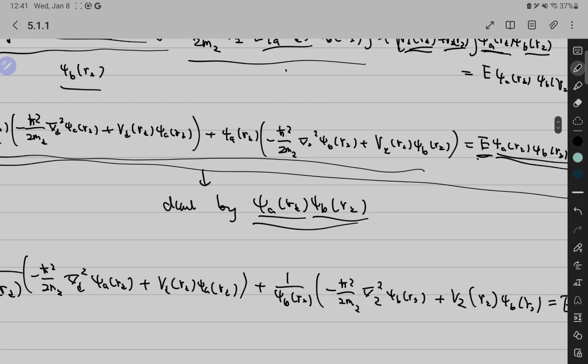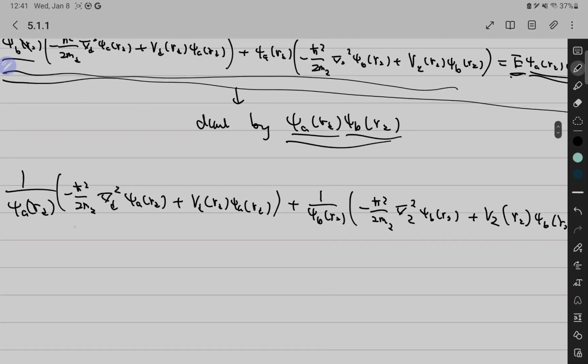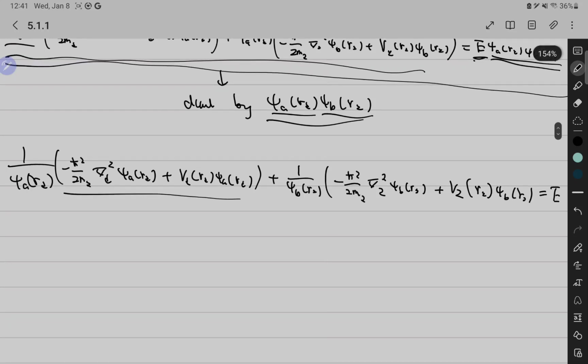So now what we have here is that what this stands for is the energy for particle 1. So this we can call EA. I think that's correct. Let me just recheck everything that we have here.